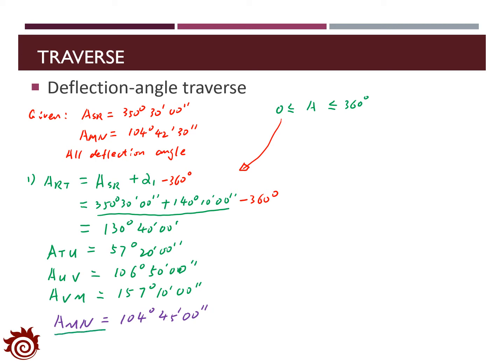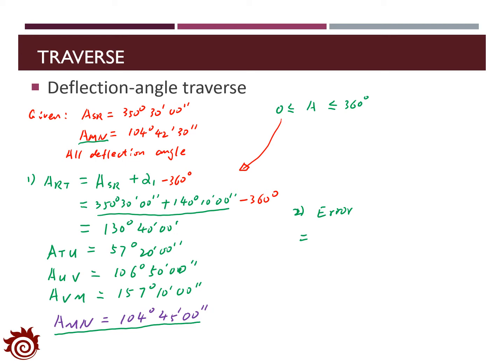With the estimated azimuth of the line MN and the true azimuth, we can then find out the error. The error will be the difference between the estimated and the true values.